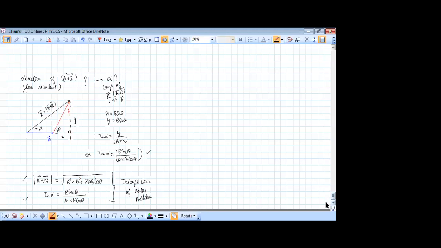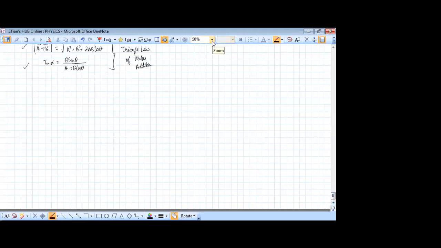Okay, let's look at an example where we make use of this whole formula now.